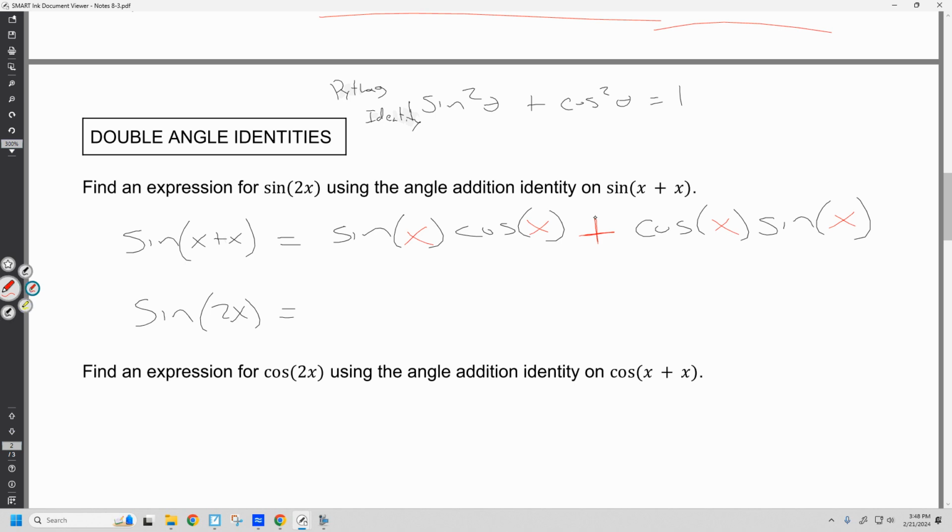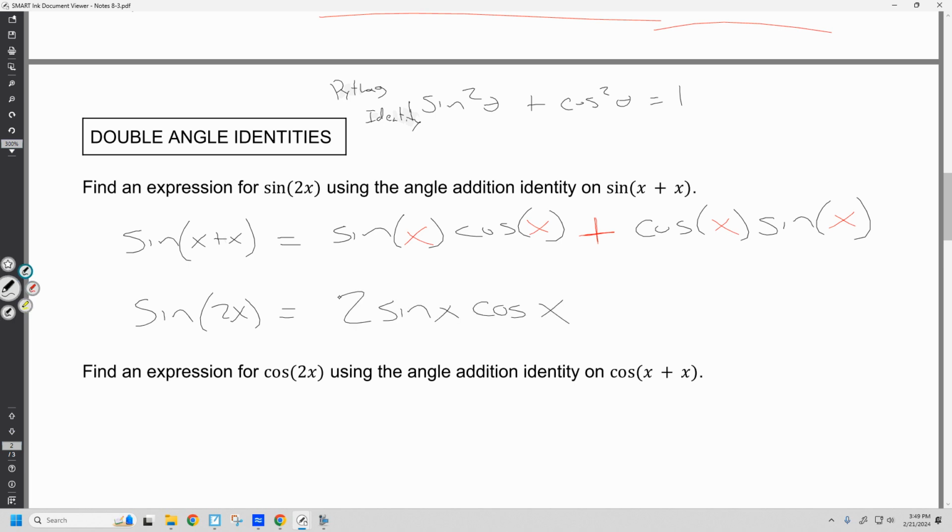Now, somebody's going to tell me what this is simplified. Shafia, what did you say? Thank you, Shafia. Shafia says, okay, I got one sine x cosine x. I really have another sine x cosine x, so I guess I have two sine x cosine x.